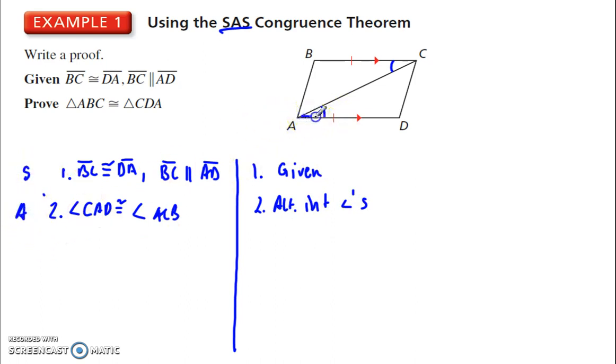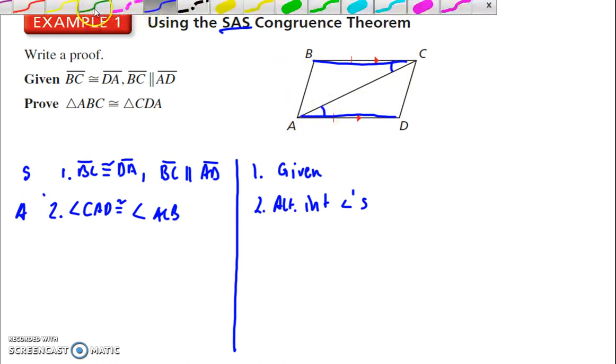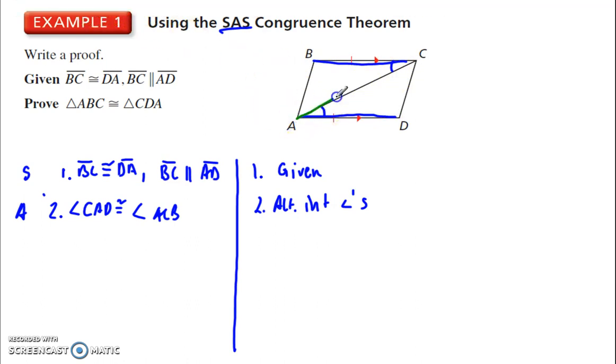Now we have this side and this side. We need this side right here because it has to be the included angle. So we're going to have a look and see what we can say about this side. Do I know that it's the same for each one? Yes, because AC is congruent to CA, reflexive property.